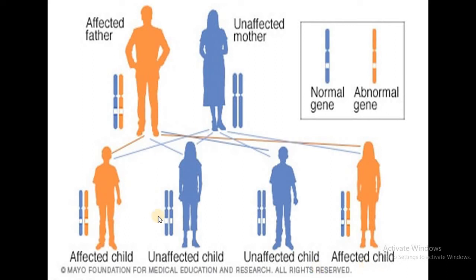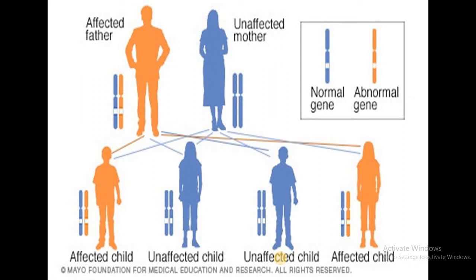That means 50% of the females are unaffected and 50% of the females are affected because of the gene carried from the affected father, and also 50% of the males are affected, and 50% of the males are unaffected.